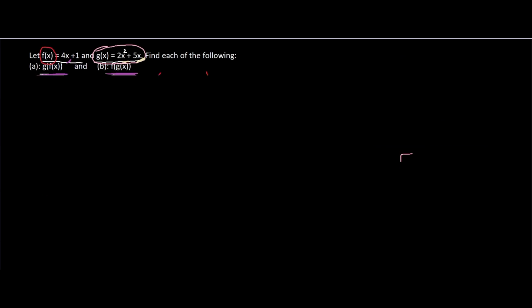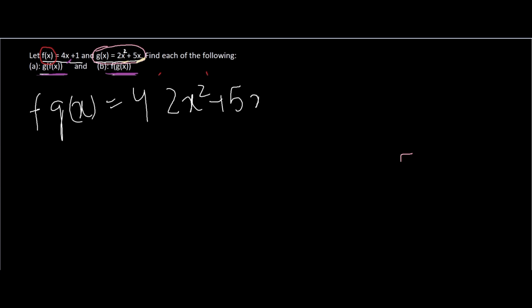Now I have to find f of g of x. So I have to put the g of x function in the domain of the f function. So 4 times the g of x function, which is 2x squared plus 5x, and plus 1.